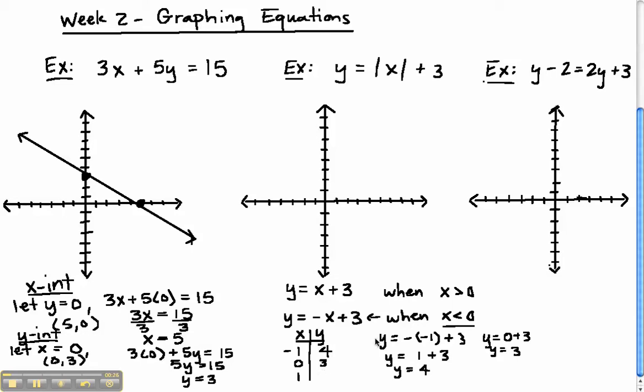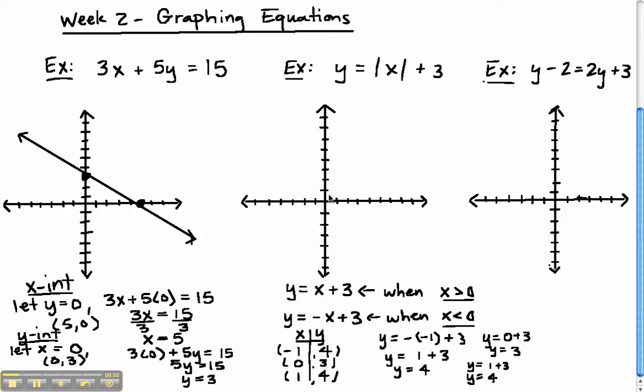And then when x equals a positive 1, that's when x is greater than 0, so we're using this top equation. When x equals 1, y is equal to 4. So we've got our three ordered pairs: -1, 4; 0, 3; and 1, 4.